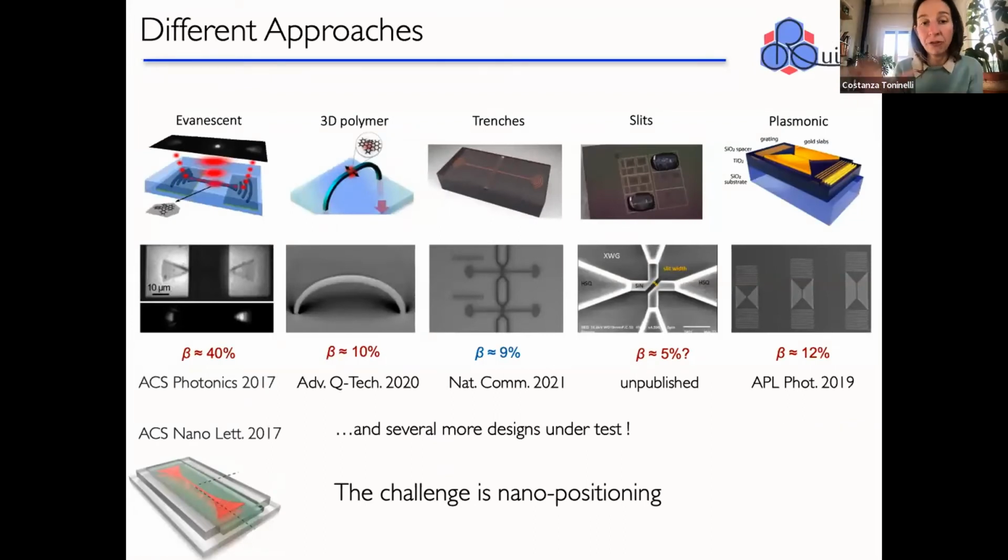Moreover, we have been involved in a number of different experiments beyond this one that I just showed, in which the coupling was to trenches or plasmonic waveguides having slits, and some papers from other groups, and all of them reported coupling efficiencies, some at low temperatures, some at room temperature, but never higher than 40%. So we really have to think about something new, something different.